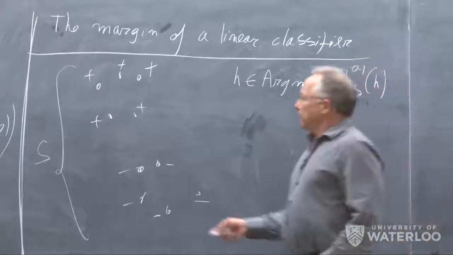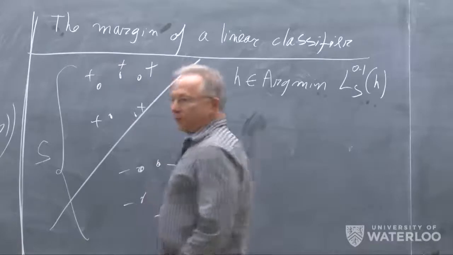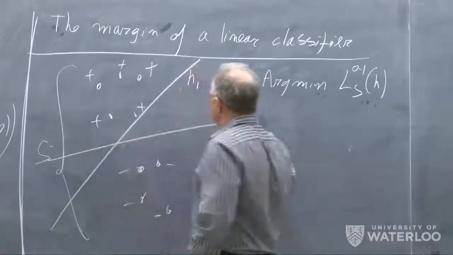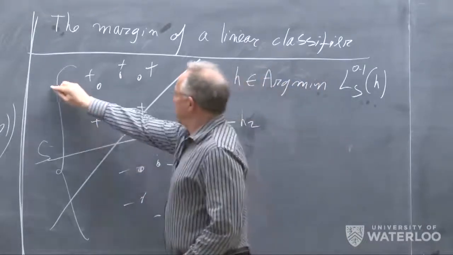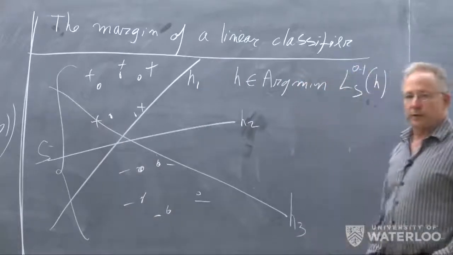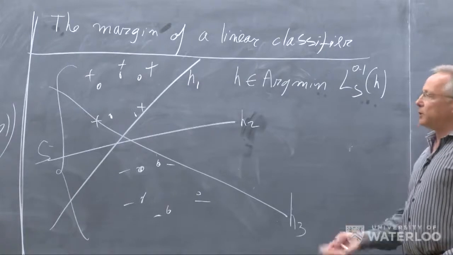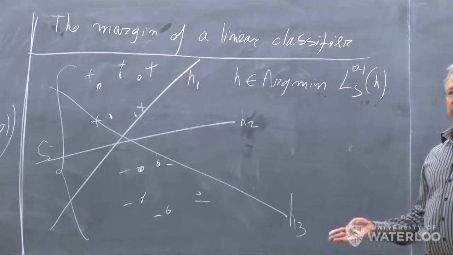So I could pick this guy as a minimizer of the loss. And I could also pick this guy as a minimizer of the loss. Or I could also pick this guy, H3, as a minimizer of the loss. All of them have 0 error. And the question is, which of them makes more sense that I'll pick it?